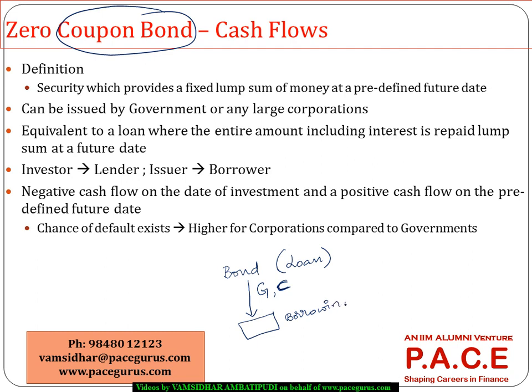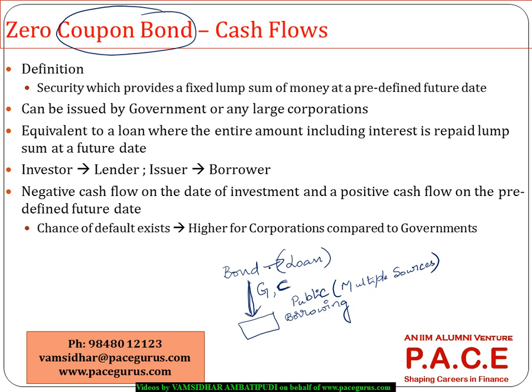If they borrow directly from a bank, we classify it as a loan. But if they borrow, let's say, from the public, multiple people, multiple sources in smaller amounts, but the total becomes very large.